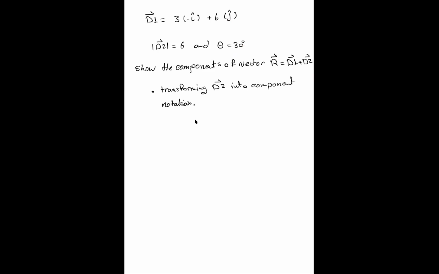So let's do it right now. From the information given to us, we have d2. And we know that the length of this vector is 6. And we know that this angle is theta equals 30 degrees.